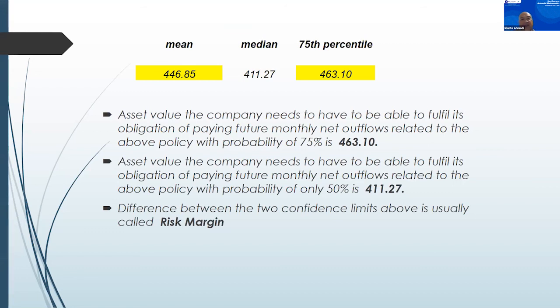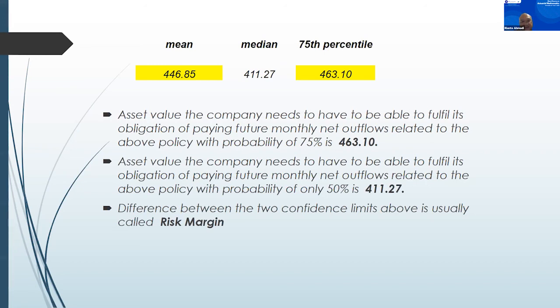The regulator requires the company to have extra capital, extra assets, greater than that difference between the 75th percentile and the 99.95th percentile. So basically the regulator requires almost 100% probability that the company will be able to fulfill its obligation in the future.